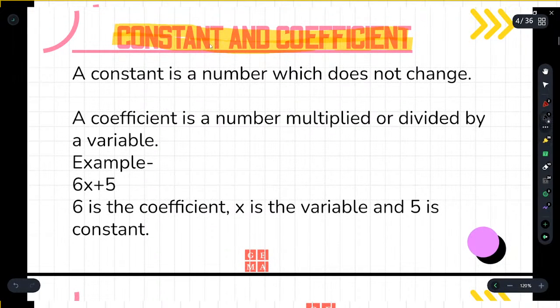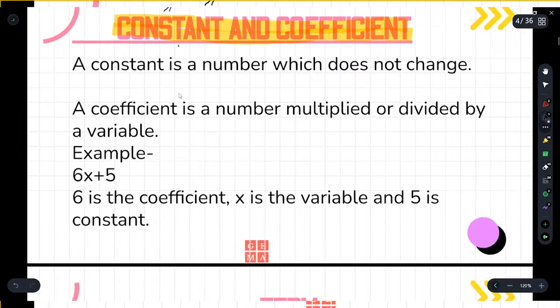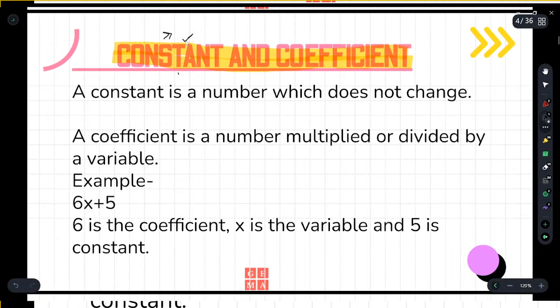Do you know what a constant is? You must have heard it in English, in your storybooks and novels. What is constant? Something that remains fixed, right? A constant is something which is fixed. It never changes.